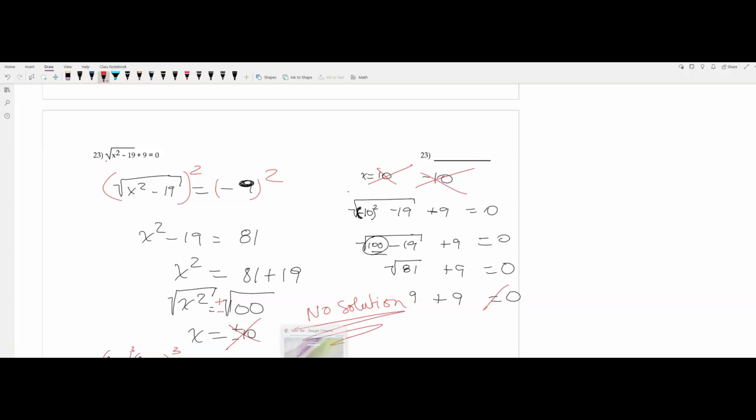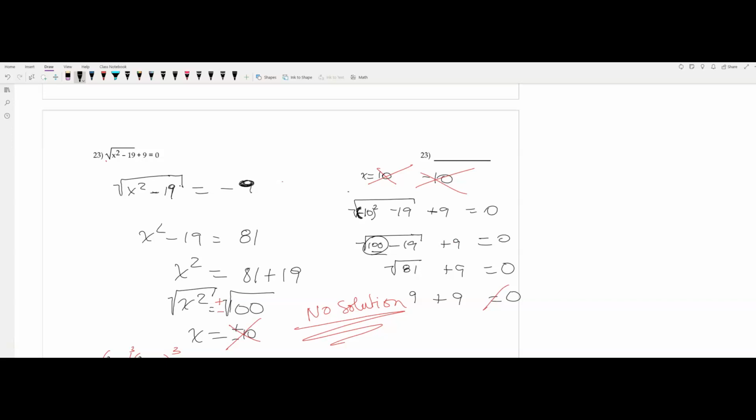Another way that you could have seen that there was no solution is if you just look at this here, let me write the x squared minus 19. So I rearrange the radical being equal to some value.